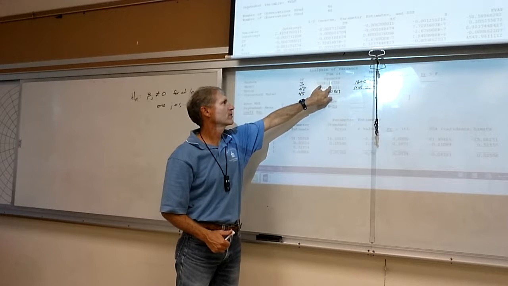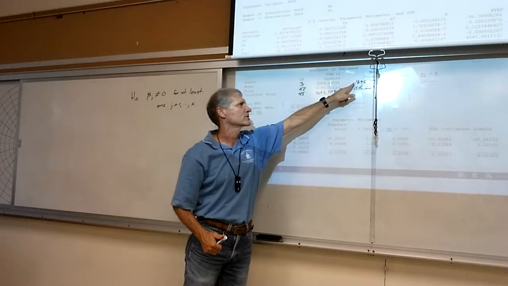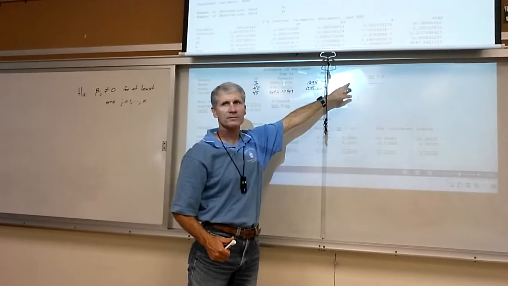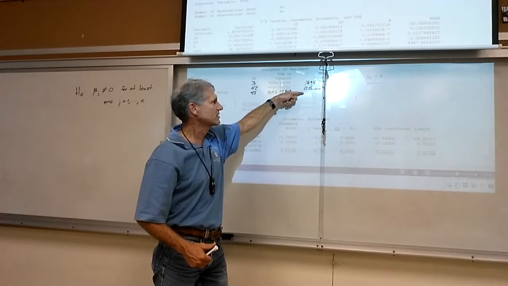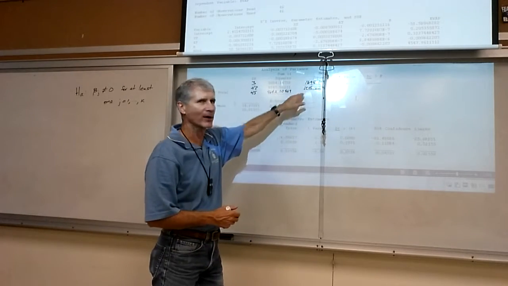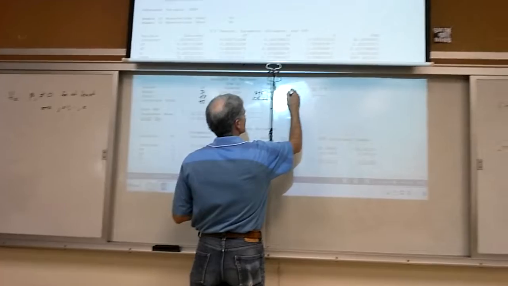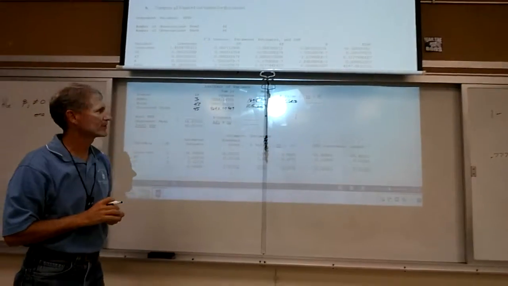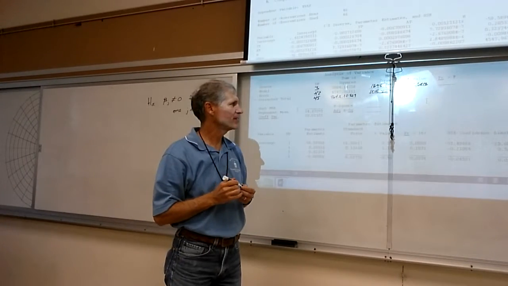Right? So 5094 divided by 3 gives you 1698. Right? And then the F value, you divide these two. So 1698 divided by 108. 15.6813.